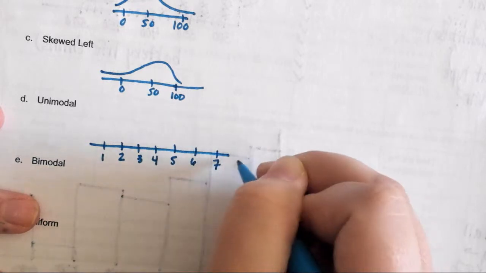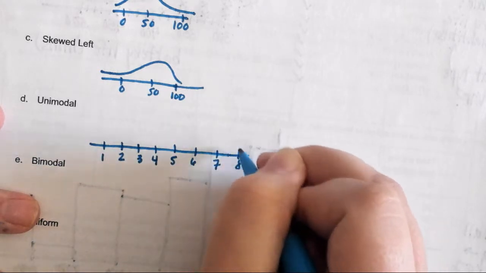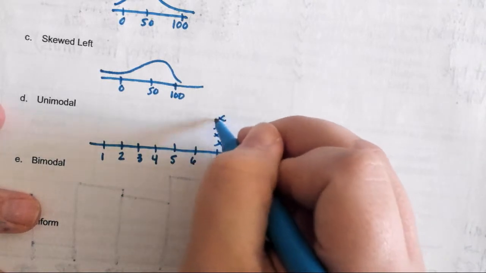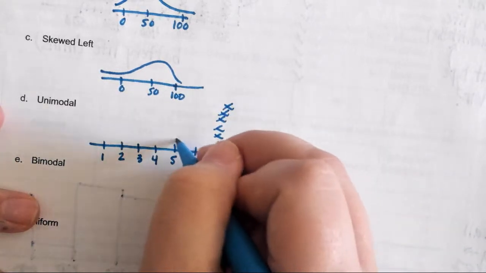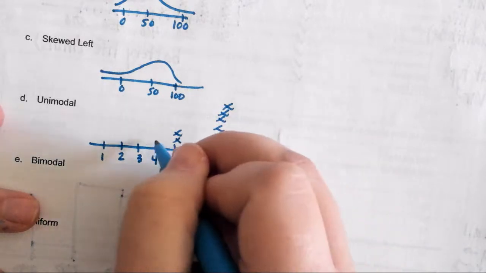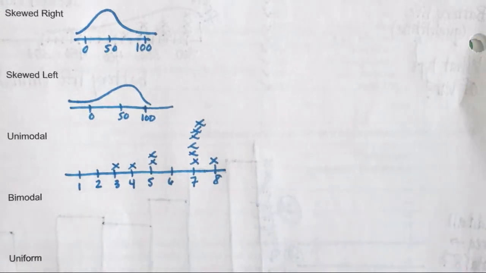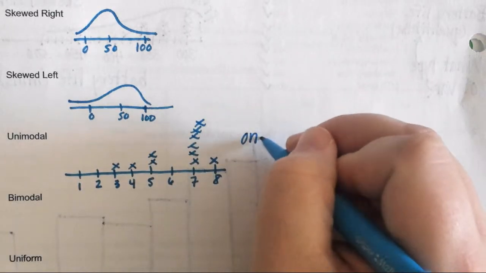Dot plot. Okay, so I did it with a dot plot. And I think you can already tell why it's called unimodal. Why is it called unimodal? So there's one really big column. So we're going to call it one major peak.